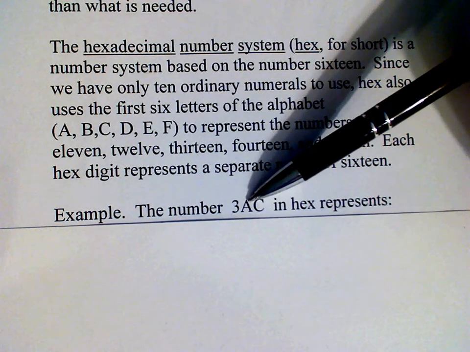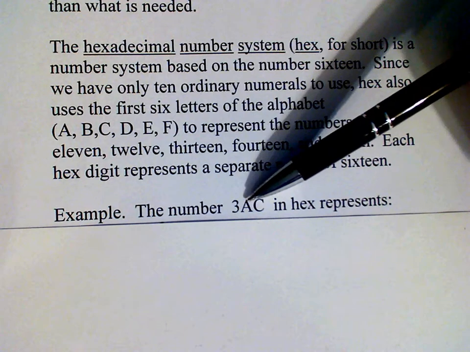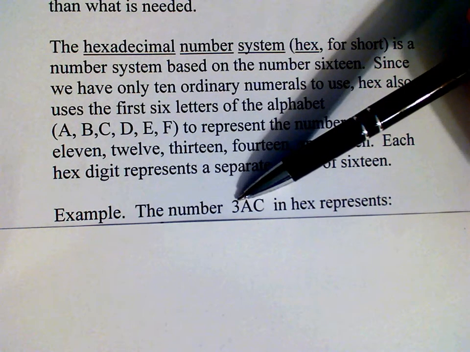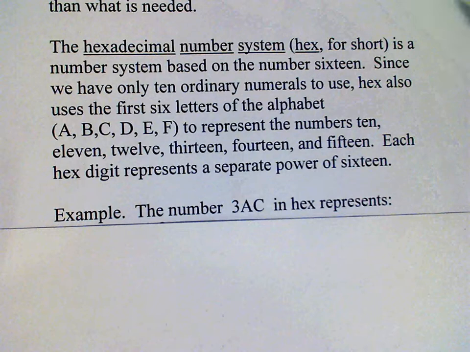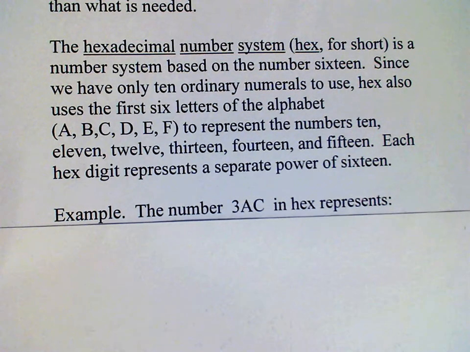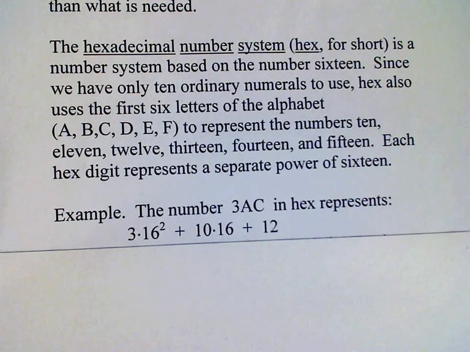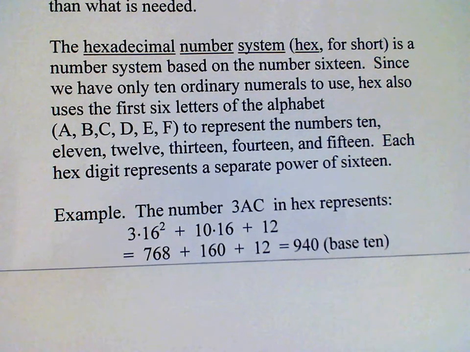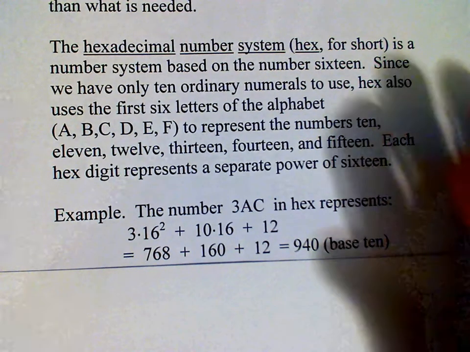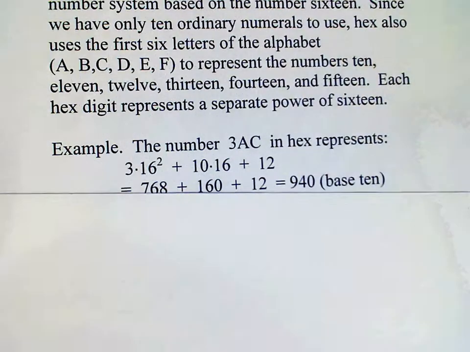So we have 10 16s, and then the 3 represents 16 to the second power, which is 256. So we have 3 times 256 plus 10 times 16 plus 12. So 3AC in hex is equivalent to 940 in base 10.